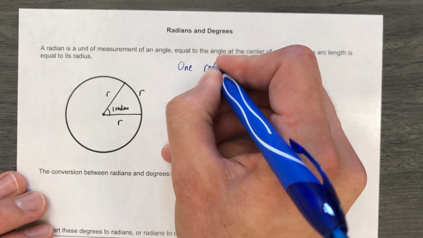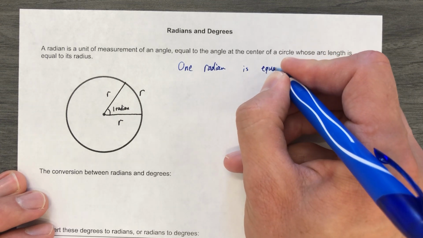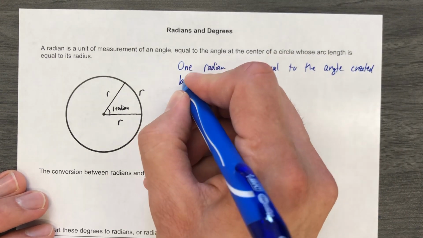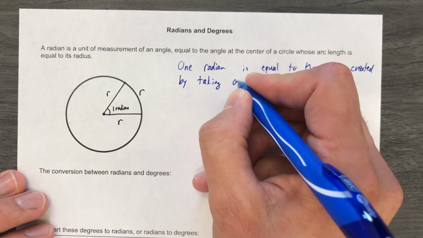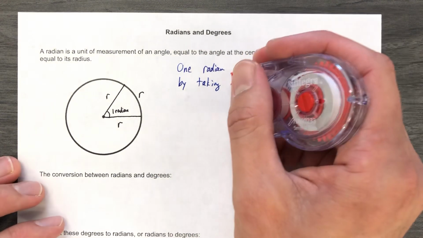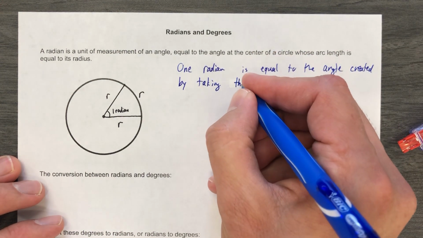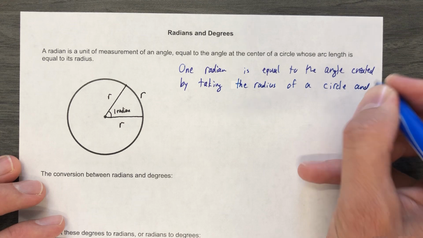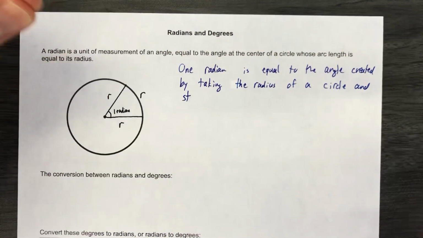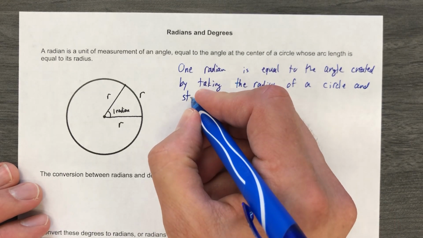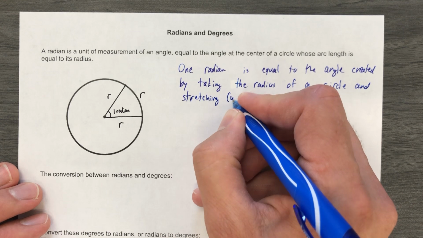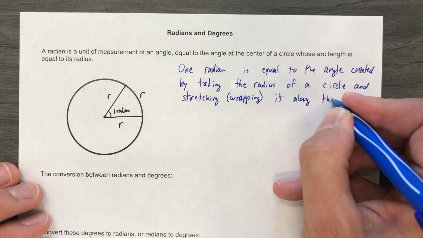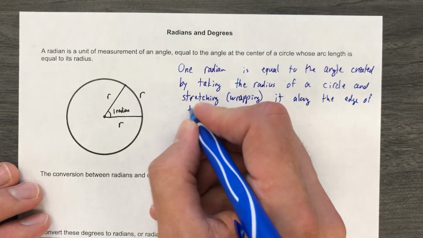So 1 radian is equal to the angle created by taking the radius of a circle (doesn't matter which one you take, we'll just take the radius) and wrapping it along the edge of the circle.